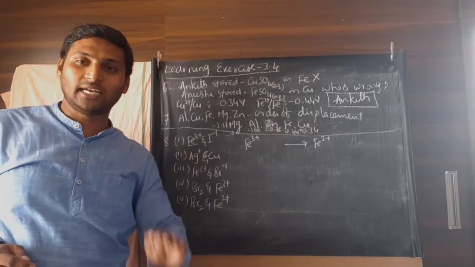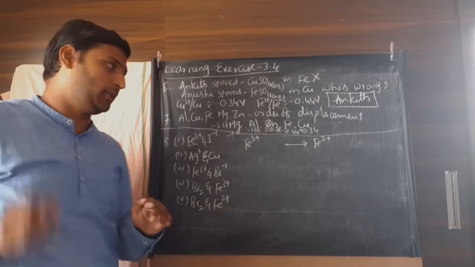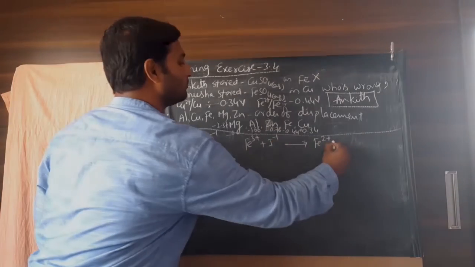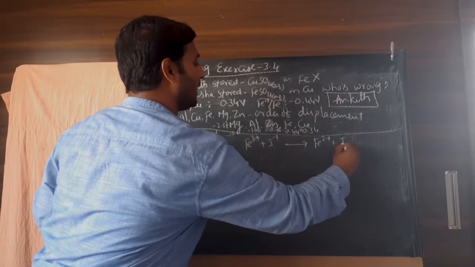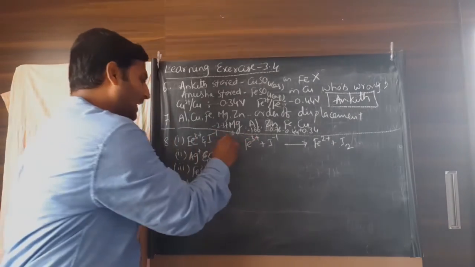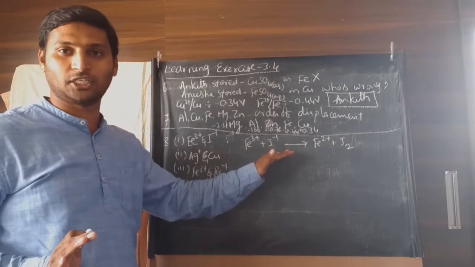So iodine is already in its least oxidation state. It can only undergo oxidation. Good. Now, iodide has to become iodine, molecular iodine. So, if any reaction is possible between these two species, it is this reaction.